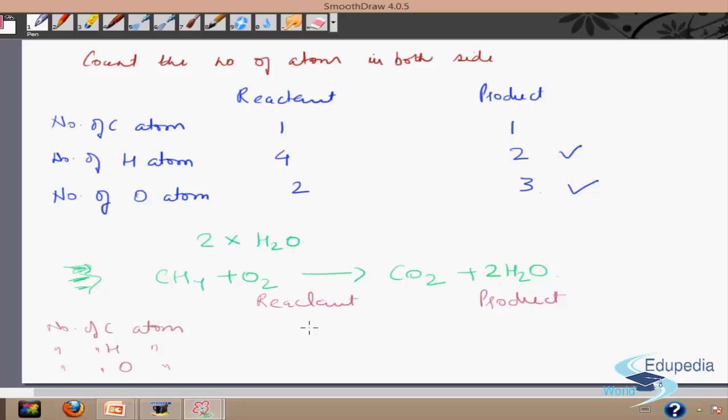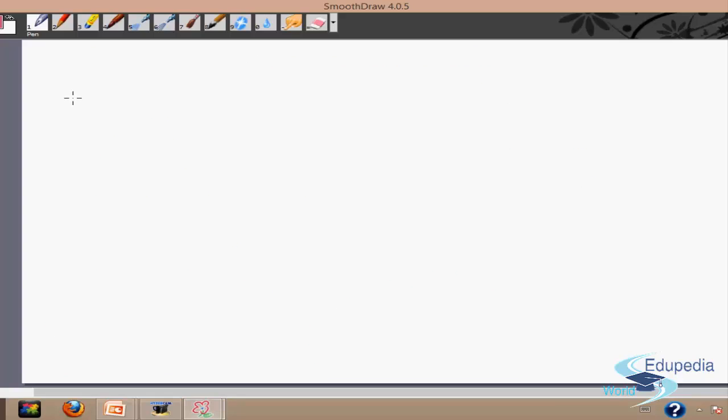So carbon is 1 and 1, hydrogen is now 4 and 4, oxygen is still unequal. So now, to have 4 oxygen atoms on the left side, we multiply O2 by 2 and write 2O2. Let's write down the final one.